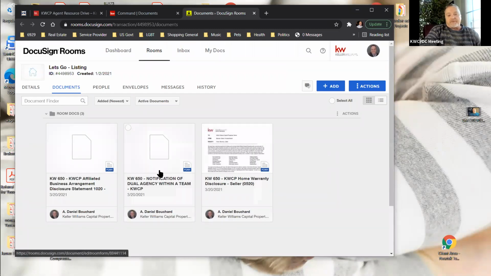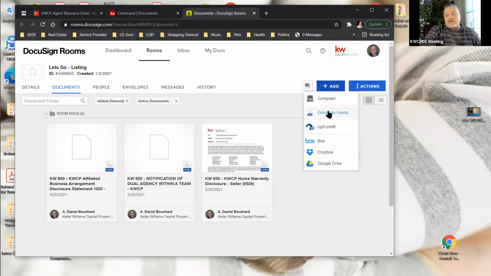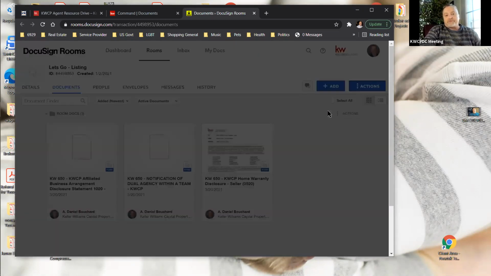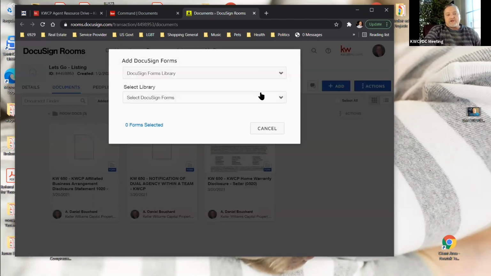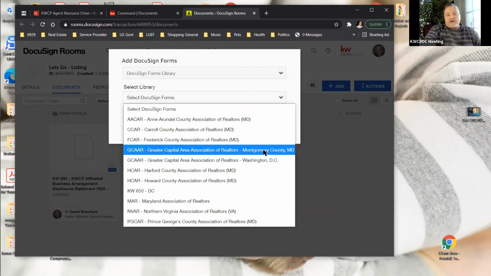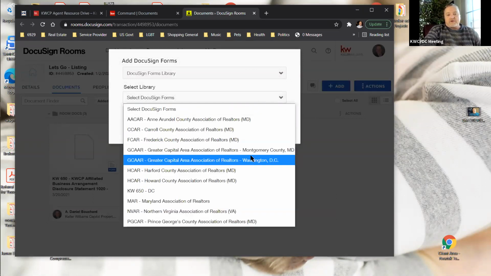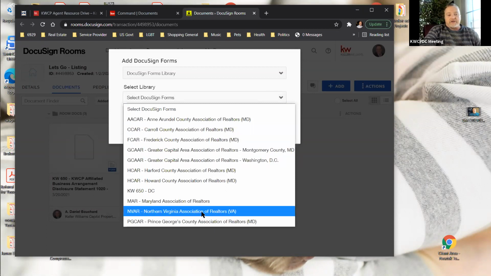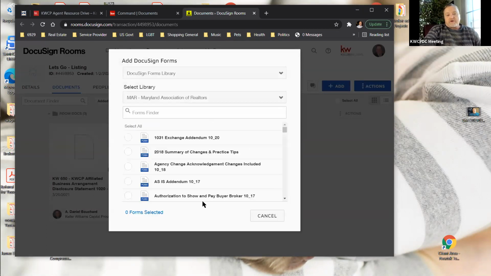And here they are. So next we're going to go ahead and add the Maryland required forms for the listing agreement. So we're going to go back in here again. Now we are going into MR forms. And this is the way that I do it. There's a couple of different ways that you can do this.